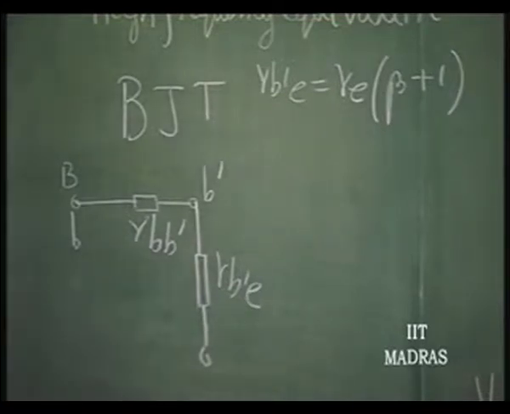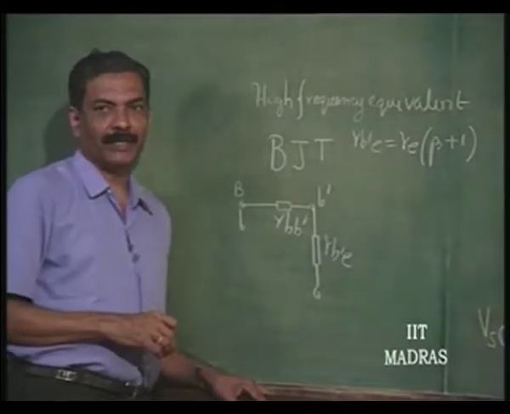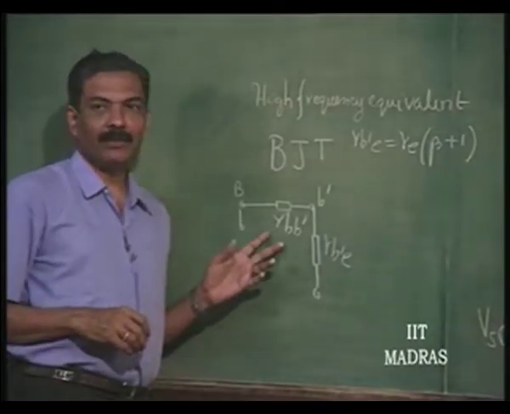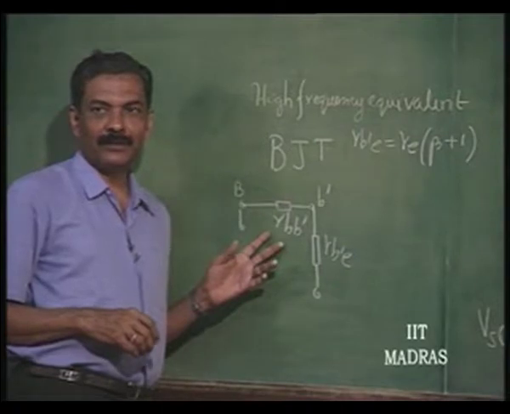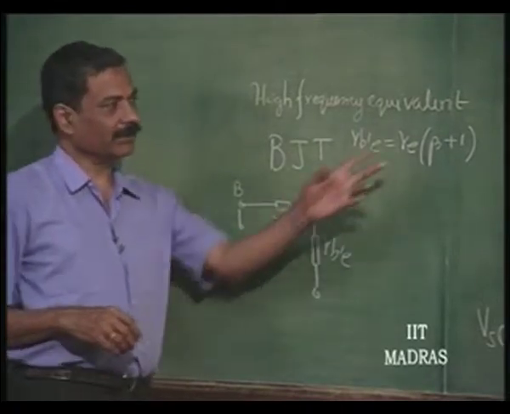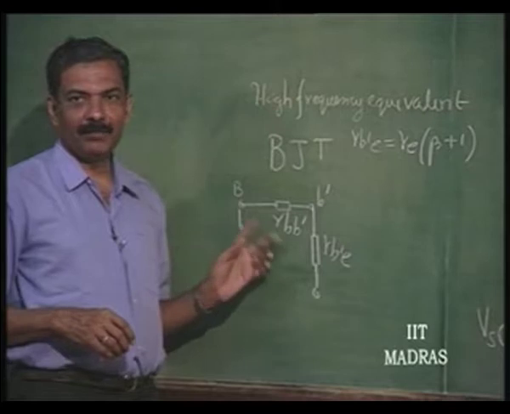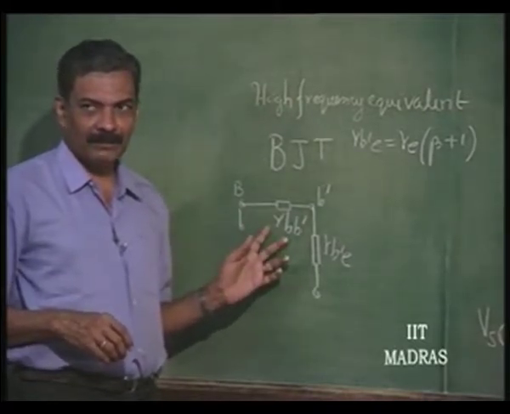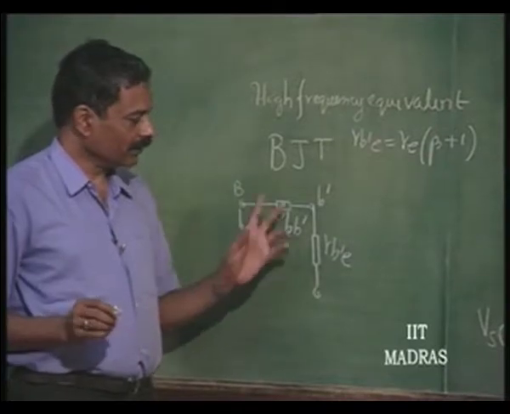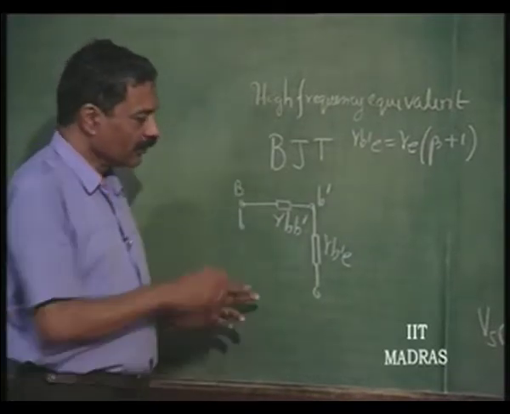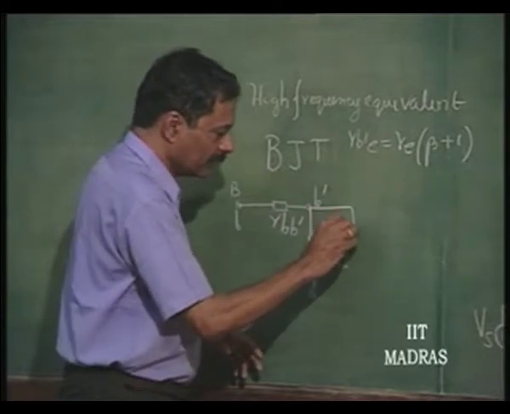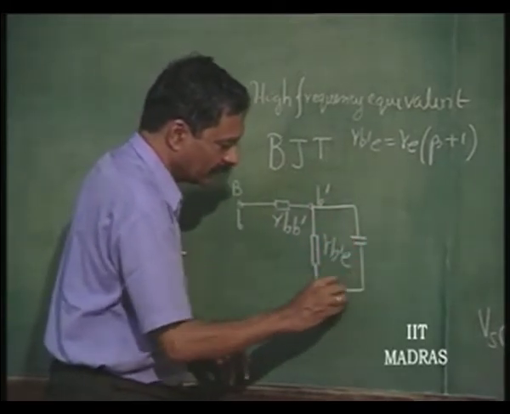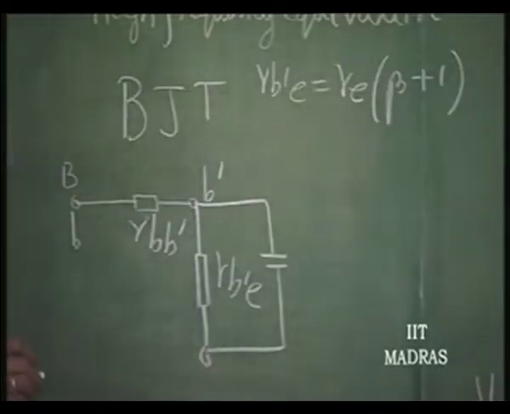This is the normal impedance which we have been using for common emitter amplifier, except that there is some ohmic resistance of the order of tens of ohms added to that. Since this is of the order of kilo ohms, in normal practice this is always ignored. But at high frequencies, you will see there is a visible change in the characteristic, because the capacitance Cb dash E, the junction capacitance, comes directly across the junction.